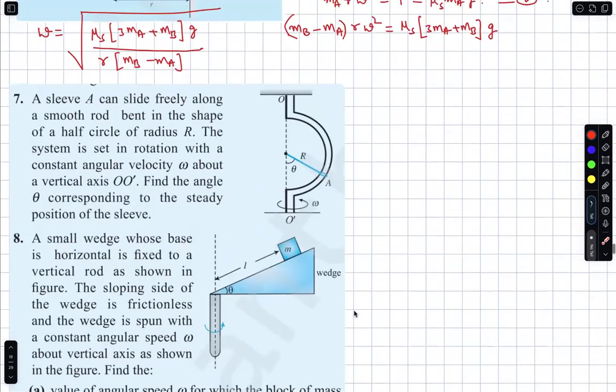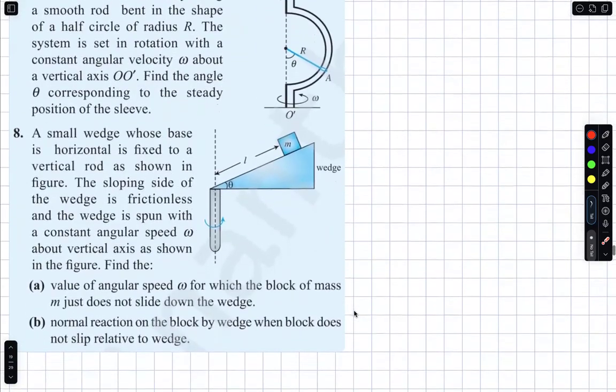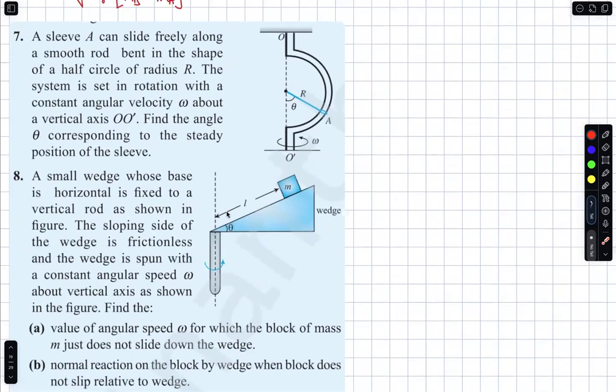I require some space. Why? Because they are two different questions.